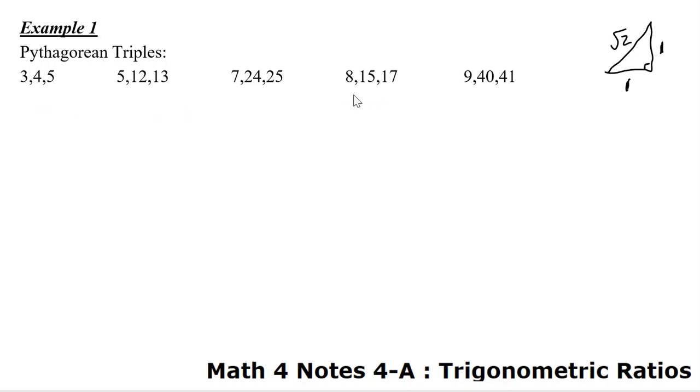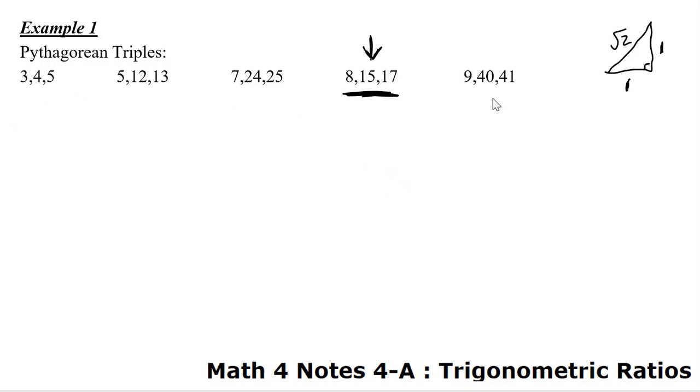And I will say something, that this guy right here does not follow the pattern of the other 3 or 4. You'll notice that the other ones go, the first number is 3, then 5, then 7, then 9, and you could actually keep going. Then the middle number is 4, then 12, then 24, then 40.